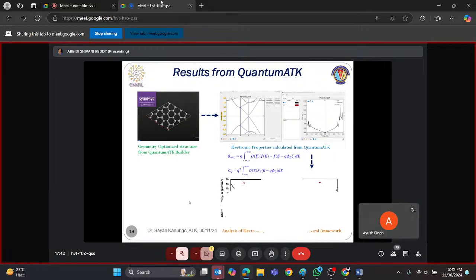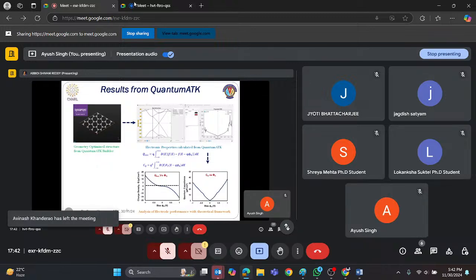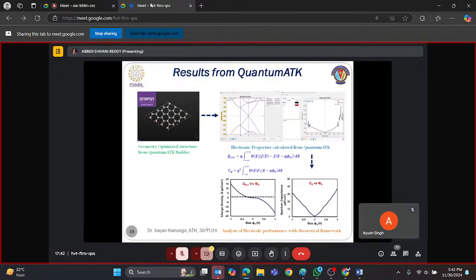As we can see here, after the post-processing of the DFT simulated result, we can obtain excess charge density versus local electrode potential and quantum capacitance versus local electrode potential profiles. A closer observation of these profiles reveals that both excess charge density as well as quantum capacitance profiles are significantly lesser within the standard local electrode potential.